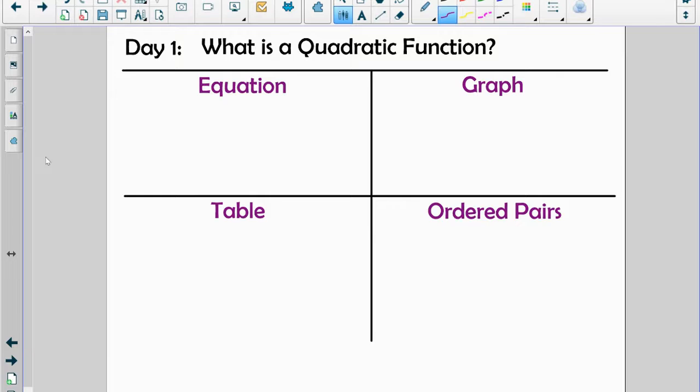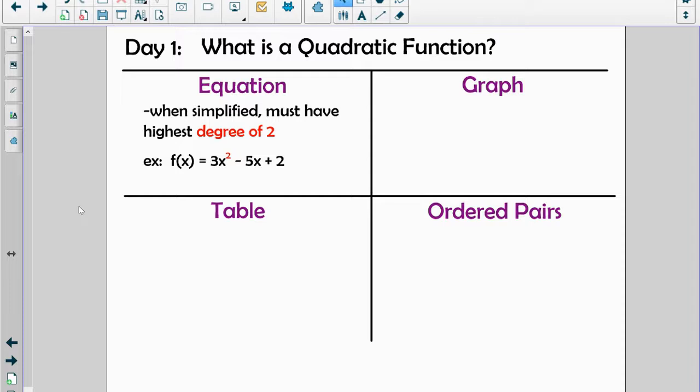So our topic today was identifying quadratic functions, and we're going to take a look at identifying the quadratic function in multiple modes. So when we see an equation, as we just talked about with our review on what quadratic means, it means that when you have an equation that's been simplified, it must have the highest degree of 2.